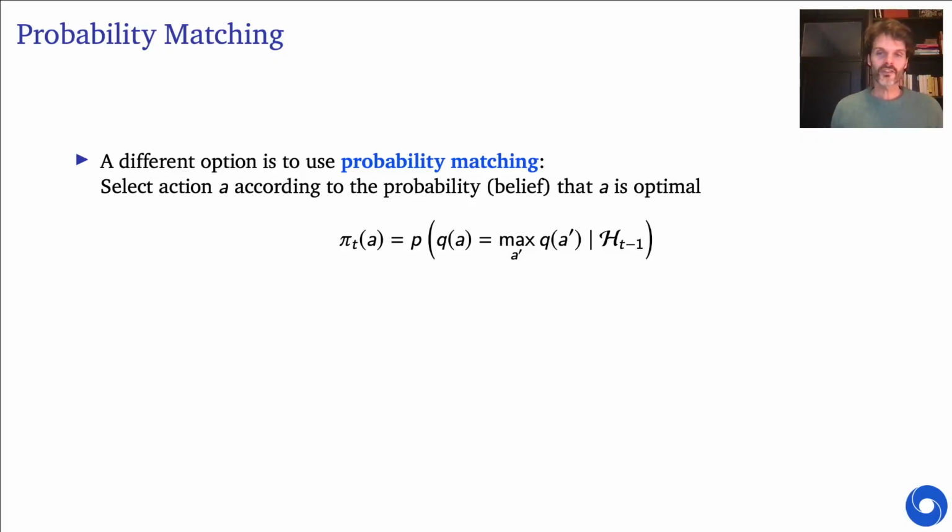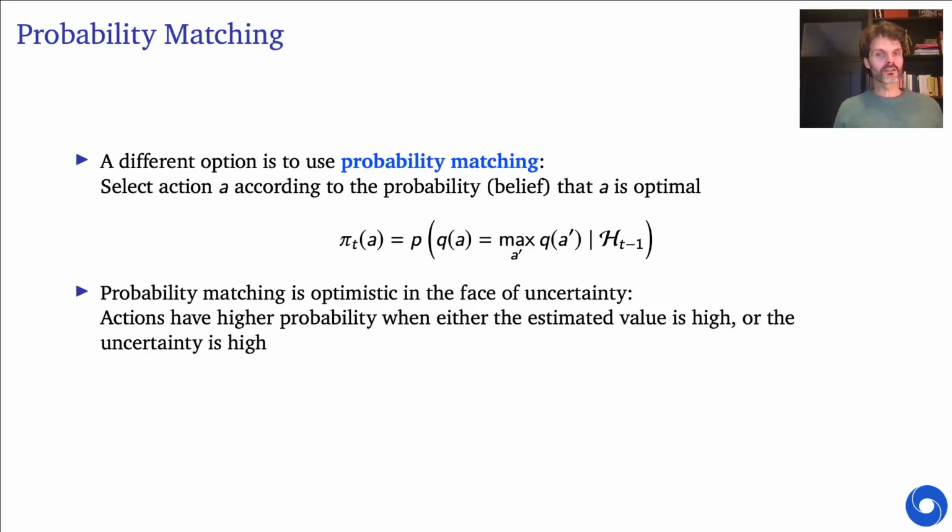And the way it works is it picks an action according to the likelihood, according to our beliefs, that this action is the optimal action. Because we have these belief distributions now, we can reason about this. So we can pick the probability of each action to be exactly the same as the probability that that action is optimal. Now this is a somewhat unintuitive thing, but it is optimistic in the face of uncertainty, because if you have a large uncertainty about where your action will be, then the probability of it being maximal also goes up.